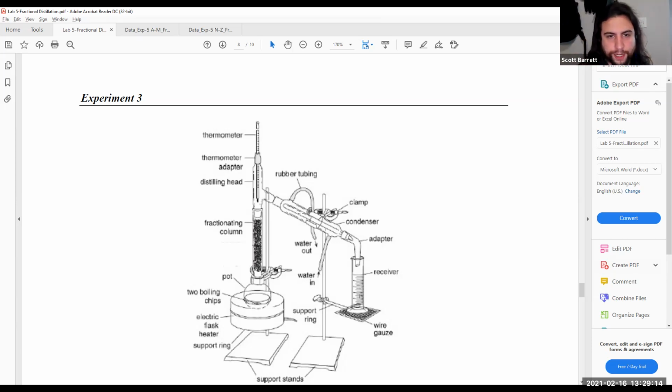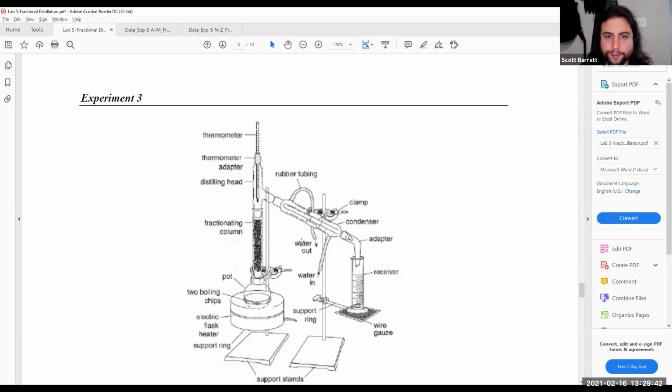The cool water comes in, and as it's coming over here, it's cooling down that condensate that's coming down the column, and the water is surrounding that column, cooling it down. So as the more volatile substance comes down the column, it is condensing faster and is cooling down with the water that is traveling through this reflux condenser.